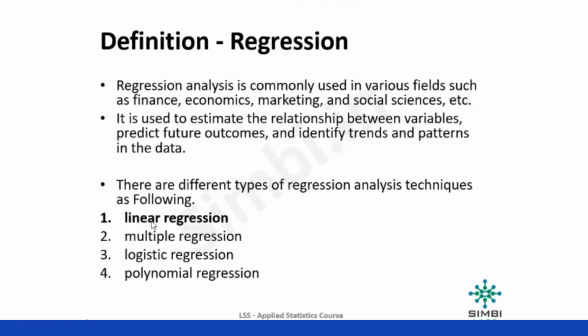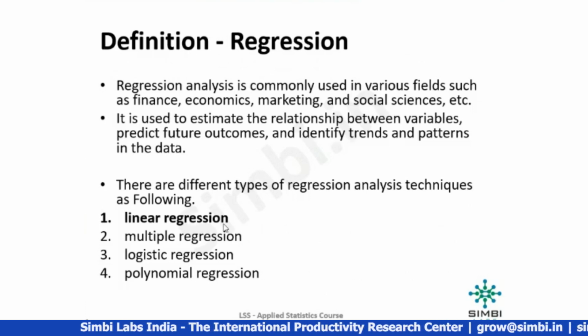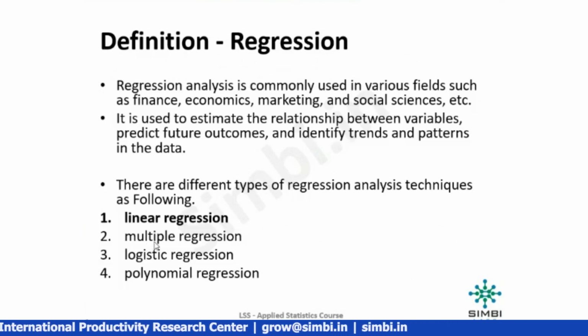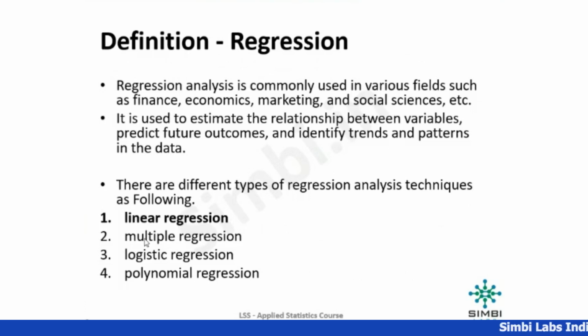In linear regression, we had already discussed one dependent variable and one independent variable. Only one variable will be there on both sides. In multiple regression, we consider two or more variables in the independent variables. In previous classes, we had already seen linear regression, and in this class we will see some problems and examples for multiple regression by using Excel also.